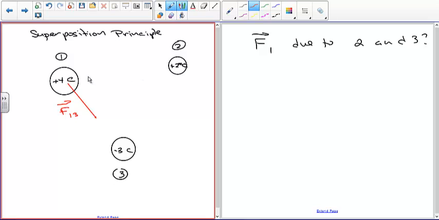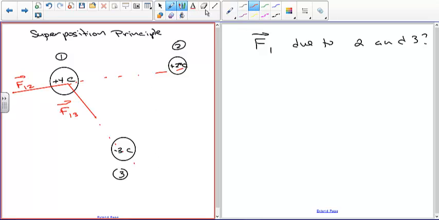These are the same sign, so that's going to be a repulsive force. So this force is going to be in this direction. So this is the force vector on charge 1 due to charge 2. Again, if I extend this, they should go through the centers of the other charges.